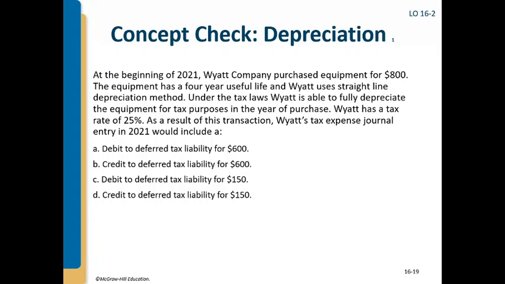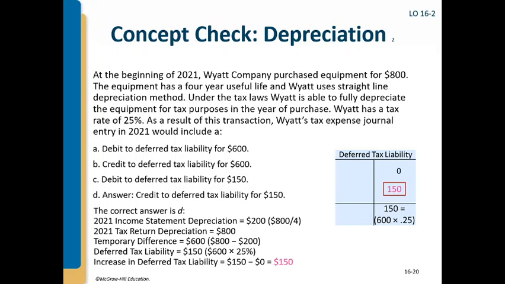And since this is the first entry into a deferred tax liability account for this piece of equipment, it's going to be a credit balance of 150. So your answer is D.